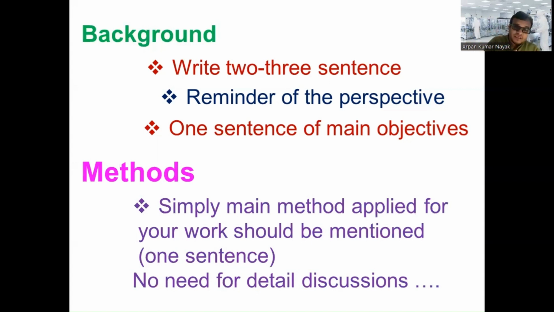But in the abstract, what is the main method you used, theoretical or experimental, whatever? Just one sentence: this method was used for this. If experimentally, you synthesize or prepare this material or fabricate this device using this method.